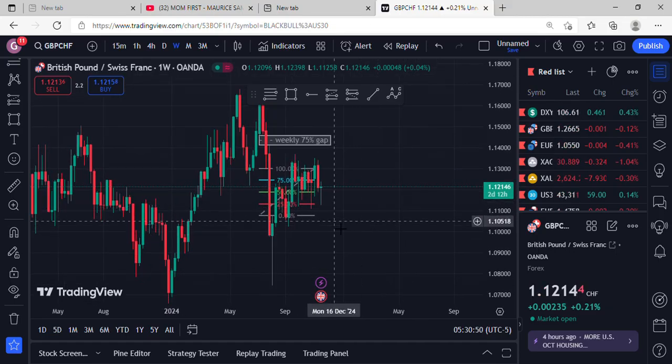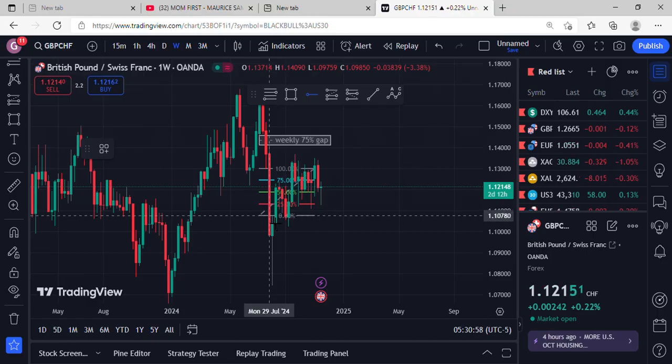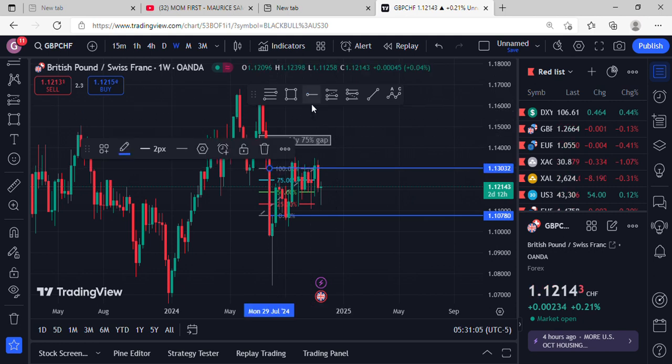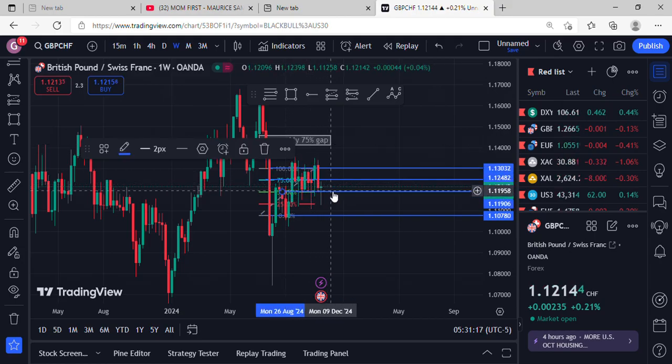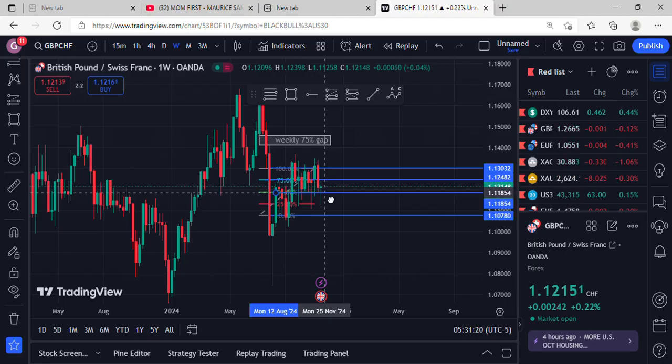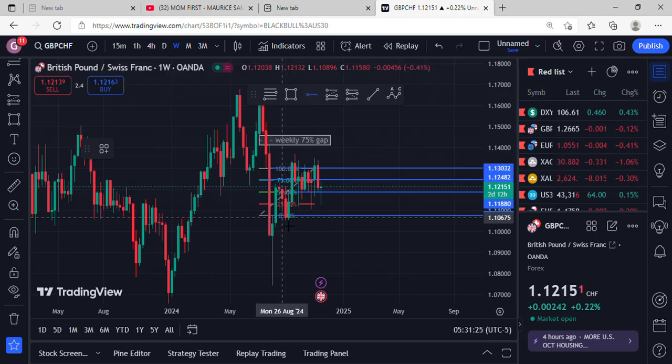Okay, so because this is a bit messy, what I will do is I'll use the horizontal rays to mark that out, to mark these levels out, and then take away the fib. Yes, then one more, and then we are done.